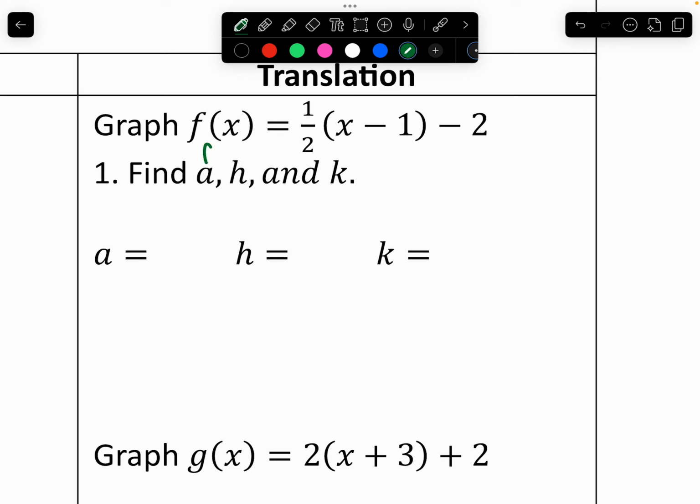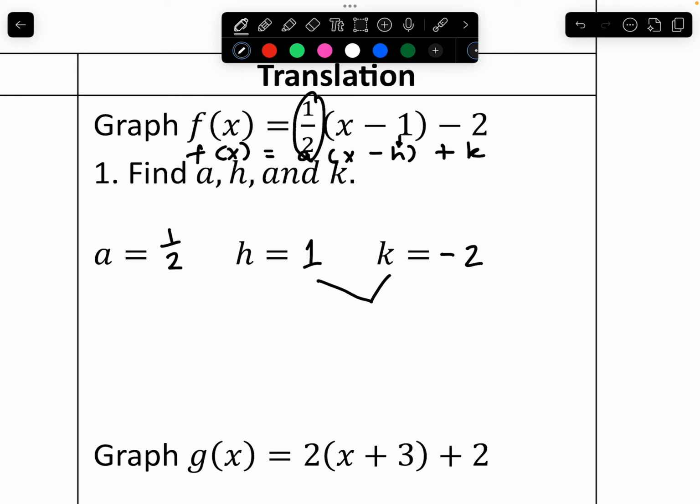Find a, h, k. Our formula, our transformation form is f of x equals a times x minus h plus k. So you see here, a is just 1/2. H is 1. Remember, h is a liar. Instead of -1, it's going to be +1. K equals -2.